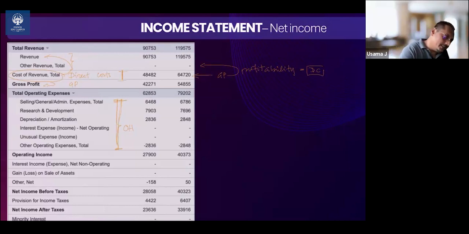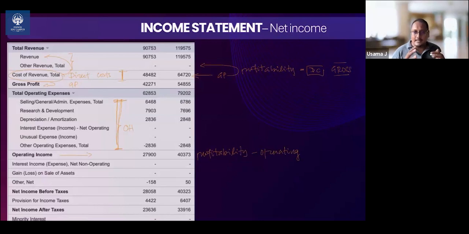Right? Then this information gives us the profitability level at the operating level. This is at the gross level. Why gross level? We are saying it is at the gross level, guys, because it still isn't considering the entire operations of the business. Because selling and distribution, administrative, research, depreciation, these are also part of my operation.